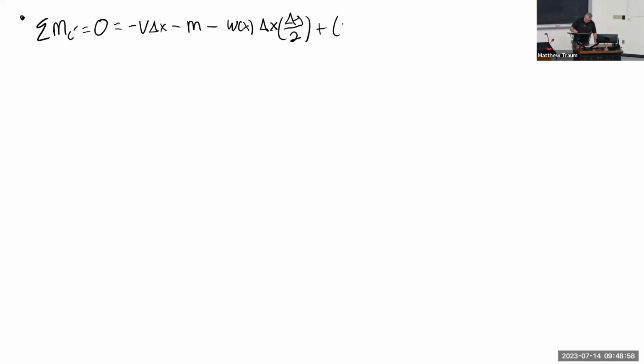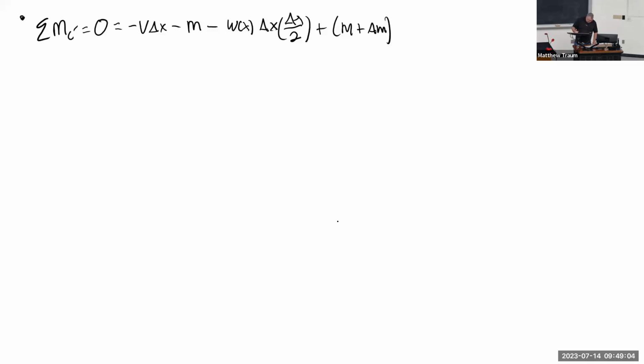Okay, so we're going to do some of the moments around the point C prime. And because we're in a static situation, that's equal to 0. And I'm going to run through this: minus V delta X, minus M, minus Wx delta X over 2, plus M plus delta M. Okay.